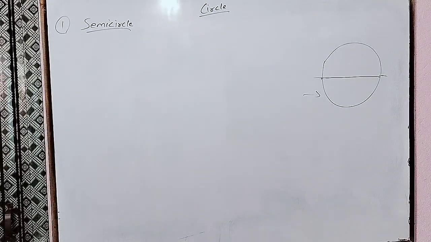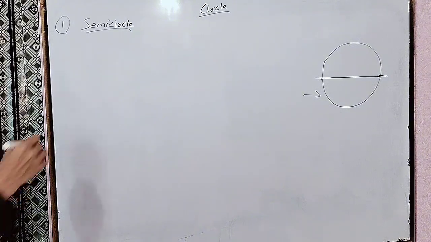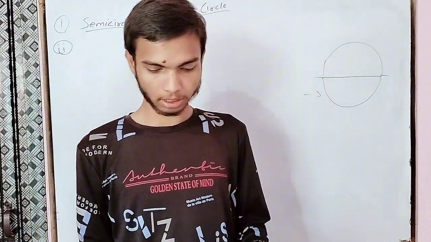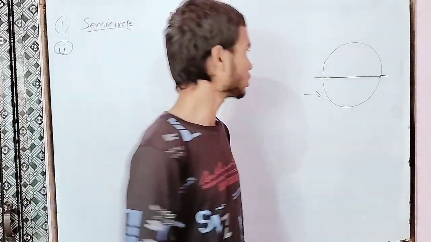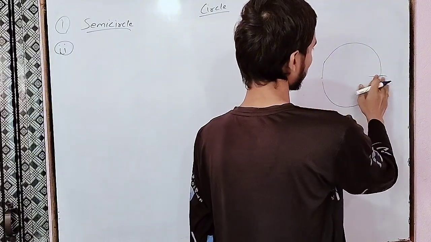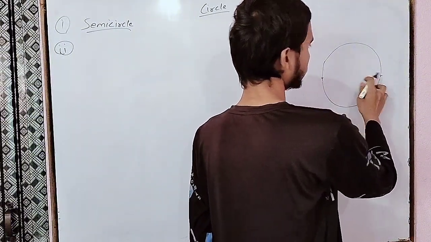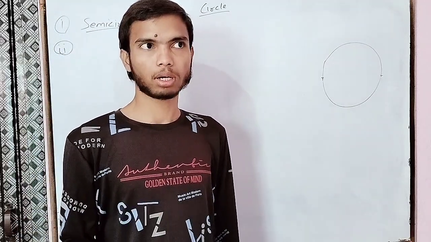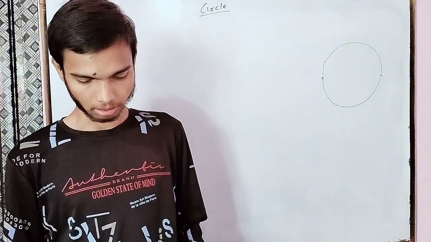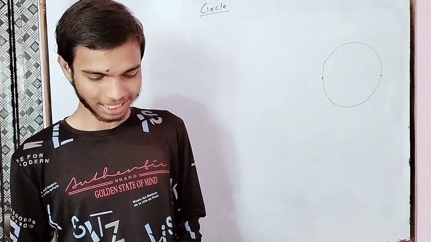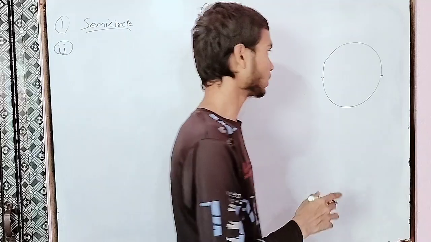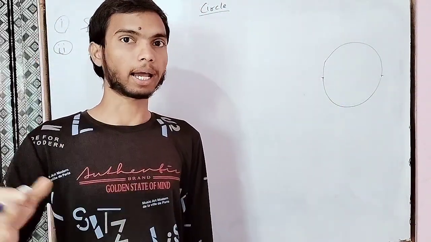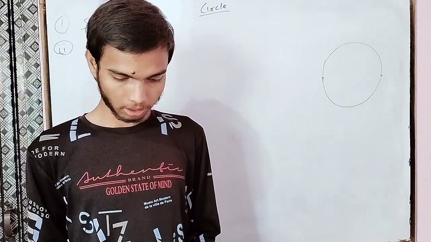Now next question. The second question is: segment of a circle. So what is a segment? A segment is formed by a chord and an arc. A segment of a circle is the region between an arc and a dash of the circle. We have to tell what goes in the place of the dash.